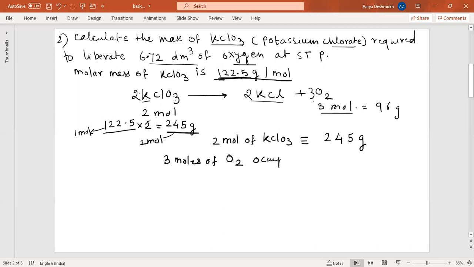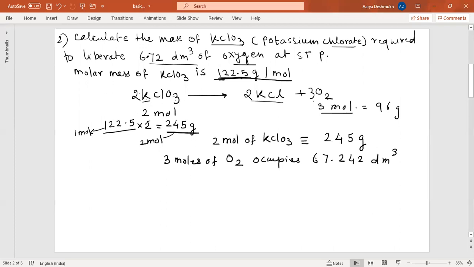occupies 67.242 dm3. Now this 3 moles of oxygen occupies 67.242 dm3.